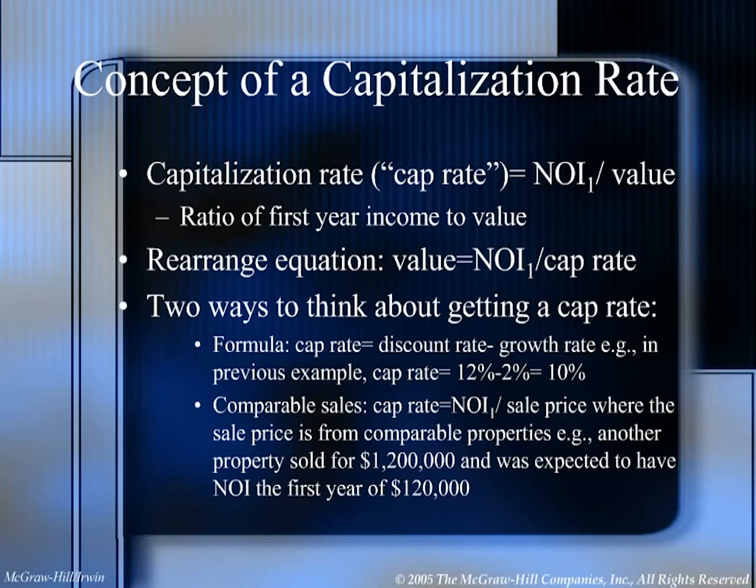But how we did it with the cap rate, we had the NOI divided by the reversion rate, which gave us the sales price. So in that case, with a constant growth, the cap rate would be equal to the discount rate minus the growth rate.